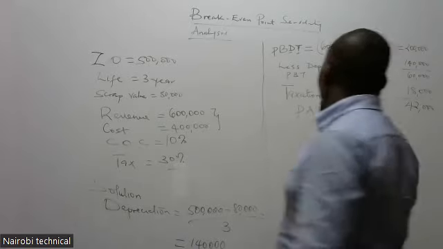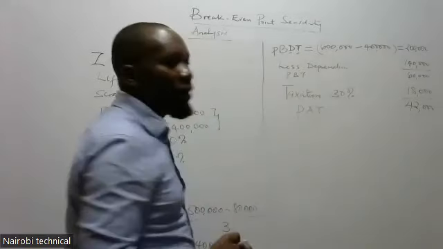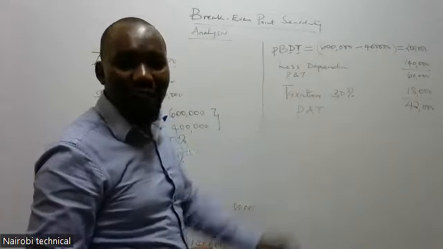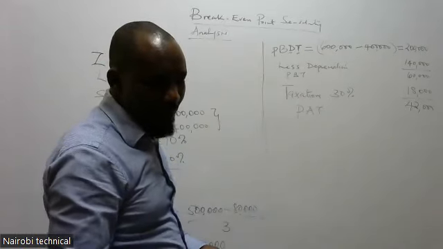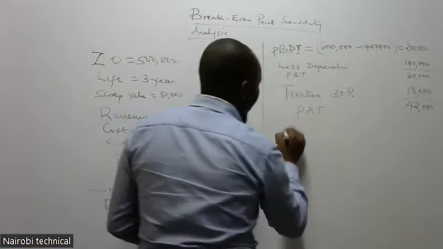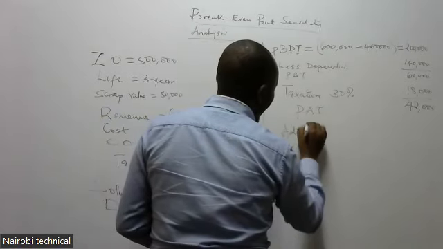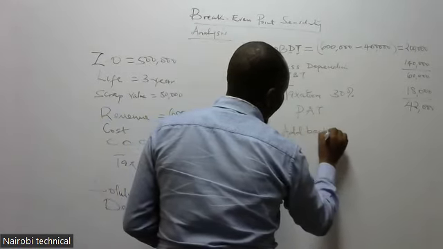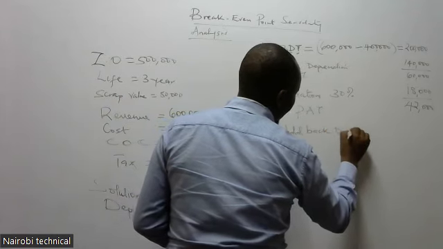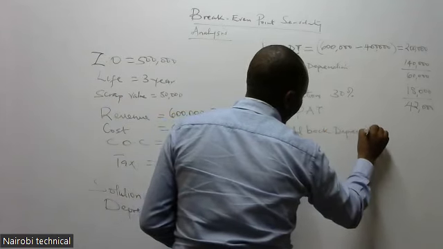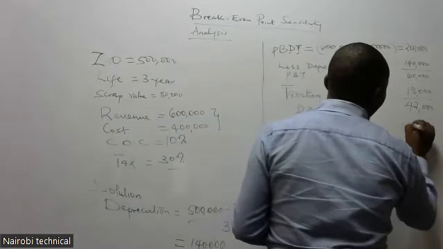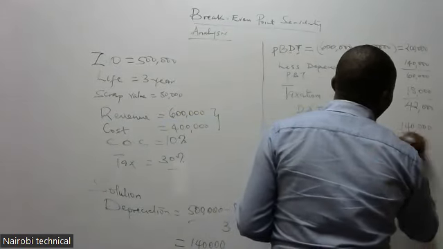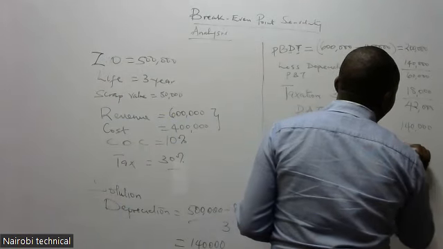Now on it, add back depreciation. We agreed that depreciation is just imaginary. It is not actual money. So you add back depreciation on this, which is 140, so that you have 182.